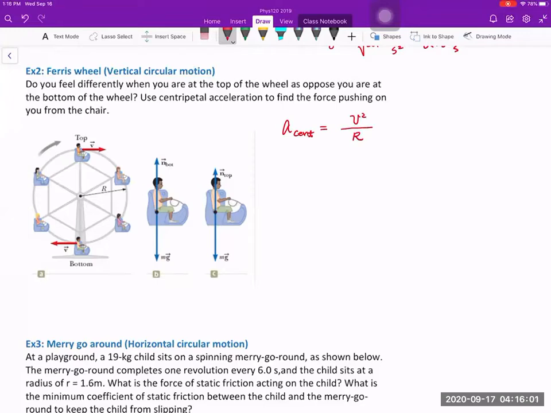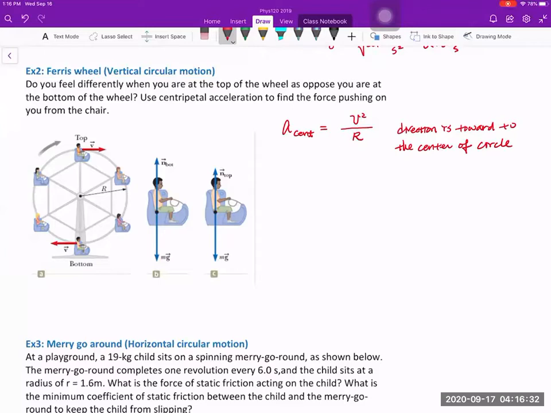We don't look at the direction. Direction is determined by another thing. The R represents the radius, how big the circle is. The direction is always toward the center of the circle.